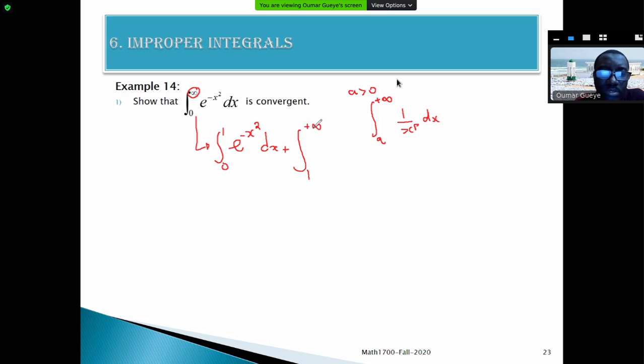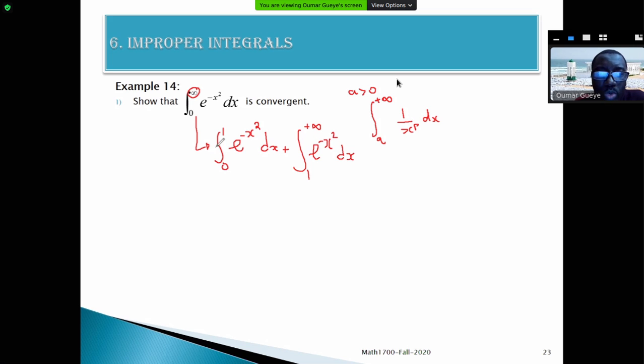And now you see my a is greater than 0. That's the only reason that I split it, because I want the bottom equal to a number greater than 0. And e to the power negative x, right? And this is an improper integral of type 1 because of the presence of infinity.